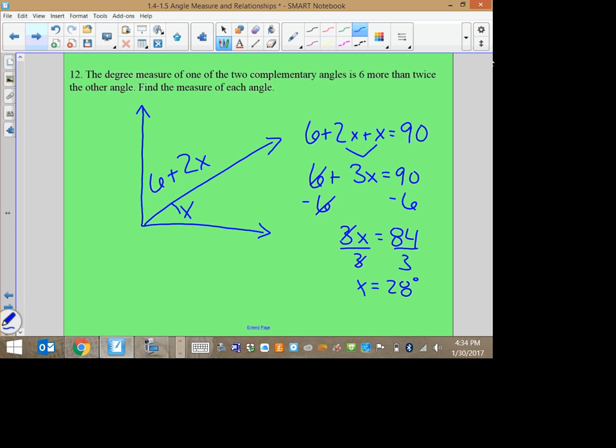So my first angle here is 28. Now, I could plug back in to my equation, my 6 plus 2x, or I could also ask myself, this angle plus this angle have to add up to 90 degrees, so I'm going to take 90 minus 28 to give me 62 degrees for my complement.